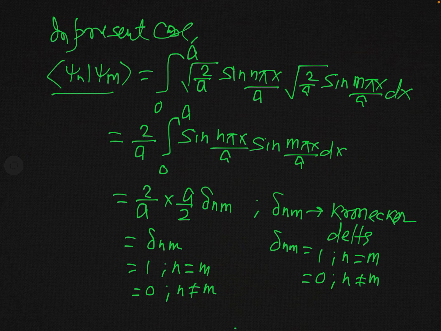So you can see if the eigenfunctions are different, meaning corresponding to different energy eigenvalues, then the scalar product of psi n of x and psi m of x will vanish, and so they are orthogonal.